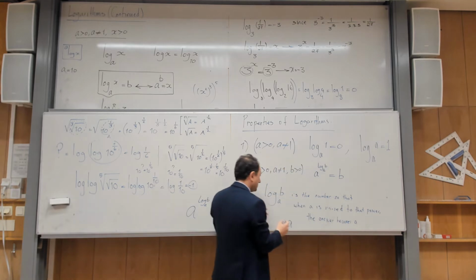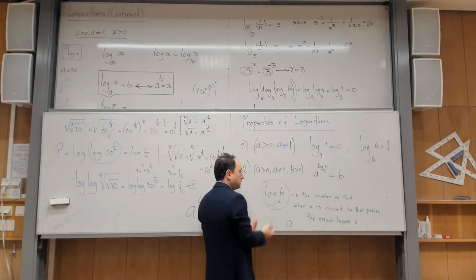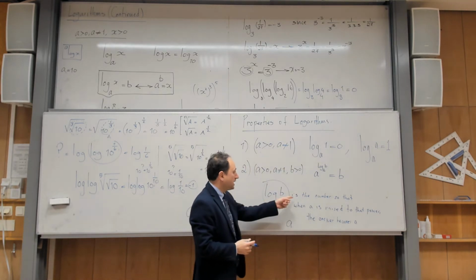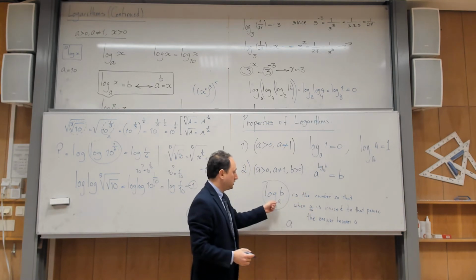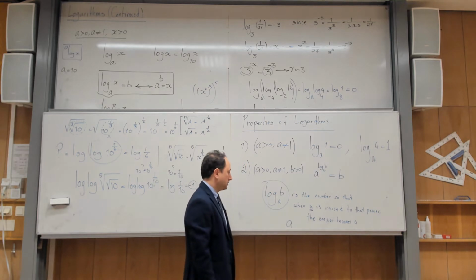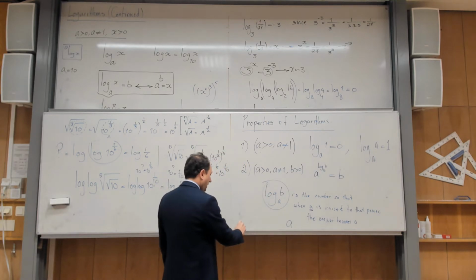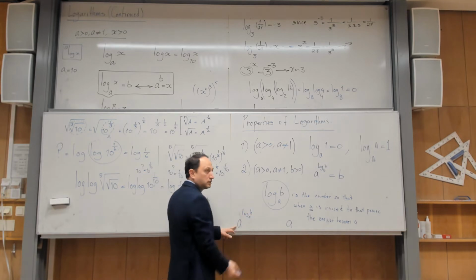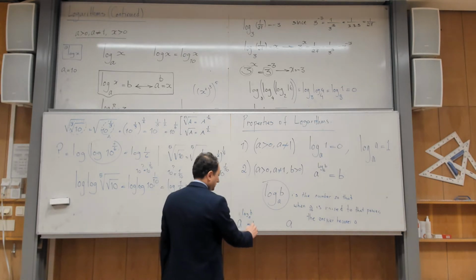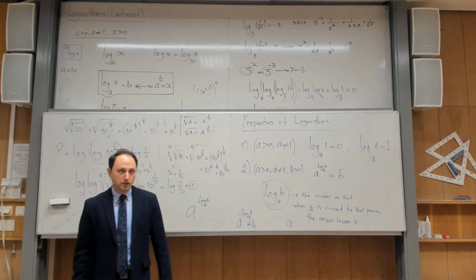Is that understandable? That was exactly what I mean by logarithm. Now what I am doing is raising a to that power. So what's the answer then? b. Yes, that's just exactly the definition.